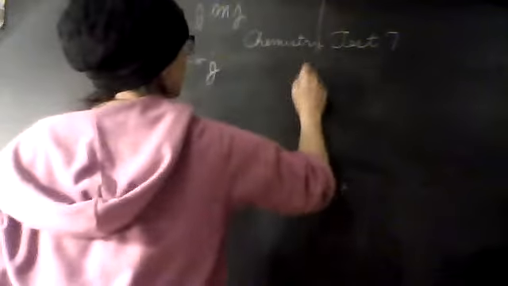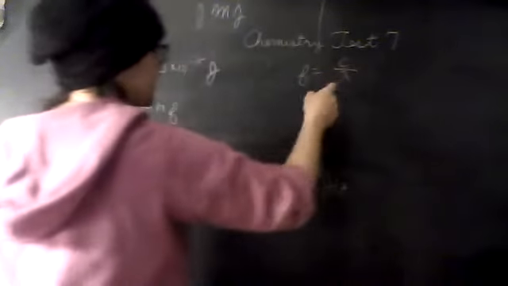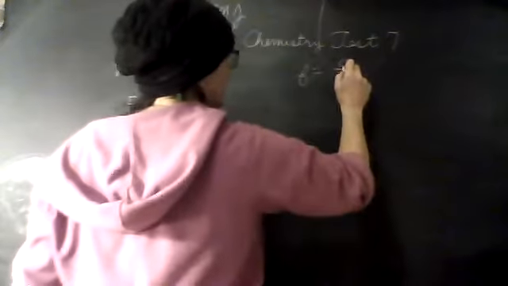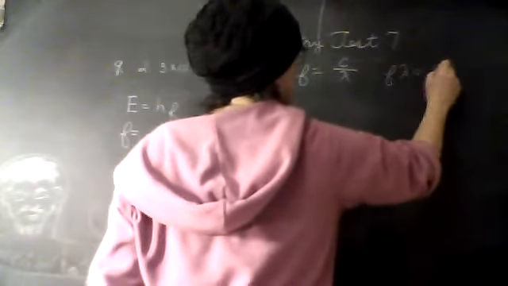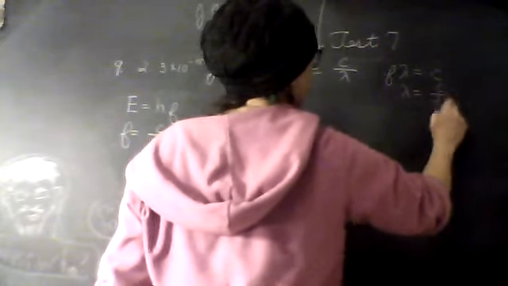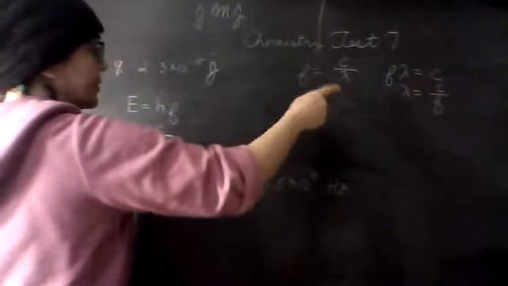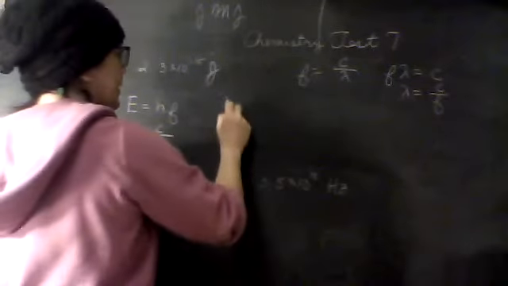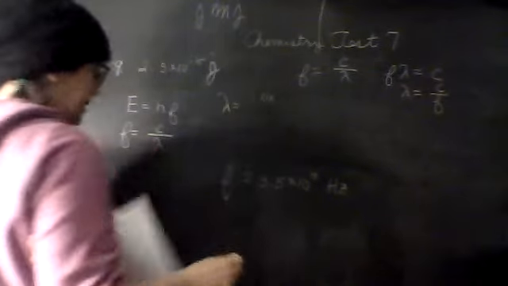Let's rearrange my formula. Frequency is the speed of light divided by the wavelength. So if I say frequency times the wavelength equals the speed of light, the wavelength equals speed of light divided by frequency.